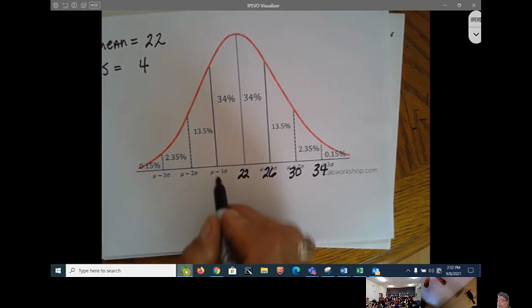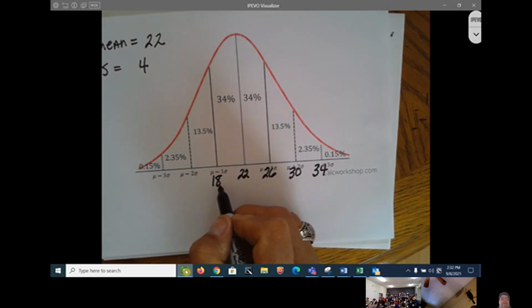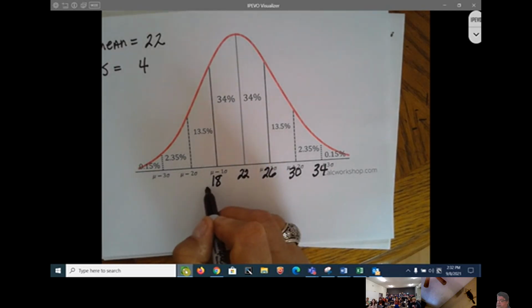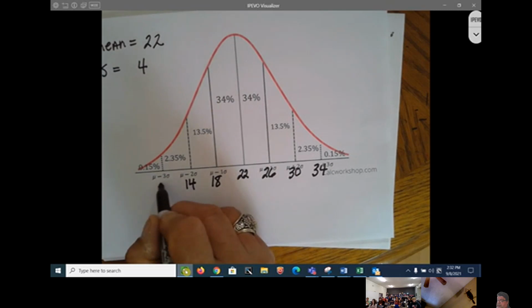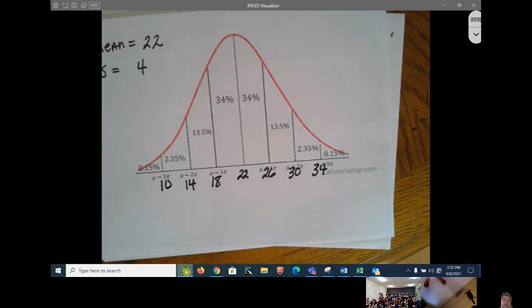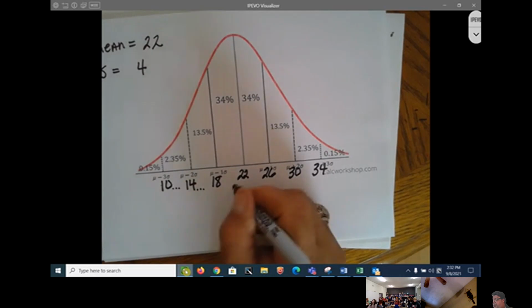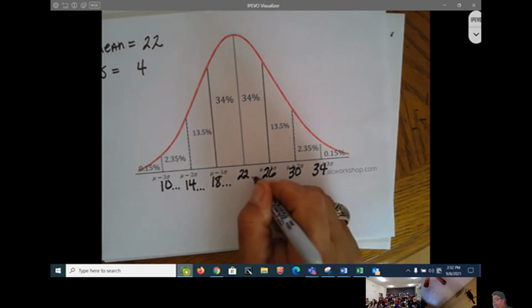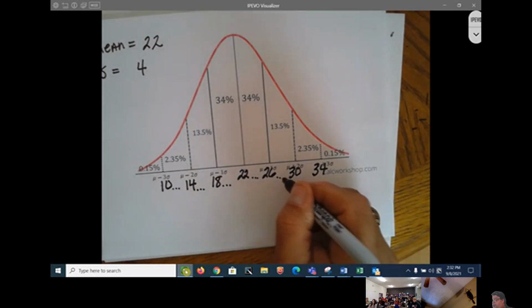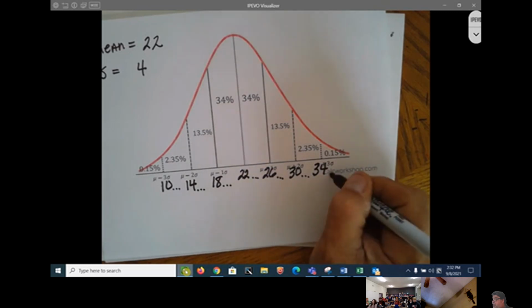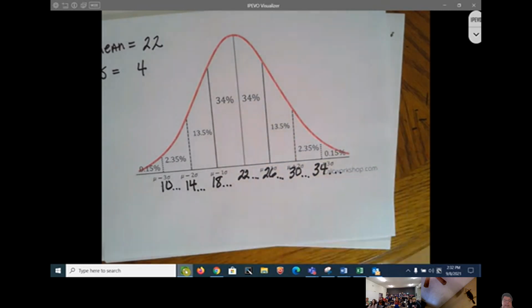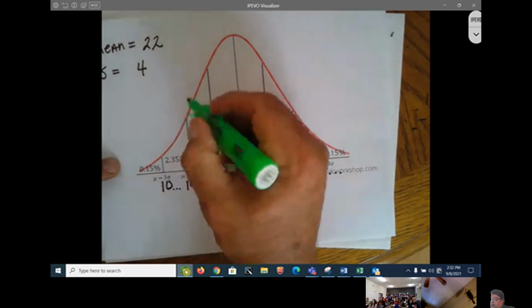And on this side, 18, and 14, and 10. And remember, these would be decimals. I'm just not doing decimals because I'd have to use a calculator to do them, and I don't feel like doing that right now. Okay? And you would, if asked, fill it in, and 95% falls within 2 standard deviations.